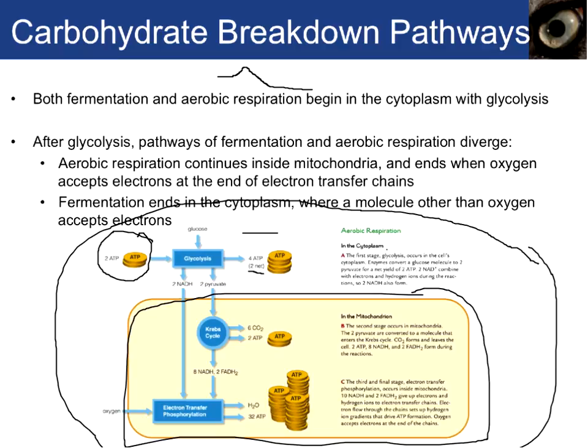And then finally, the third and final stage is the electron transport chain, or electron transfer phosphorylation, and this also occurs inside the mitochondria. In this third stage, the 10 NADH and 2 FADH2 that were produced during the other reactions give up their electrons to the electron transfer chain, and this causes hydrogen ions to pump across the membrane.